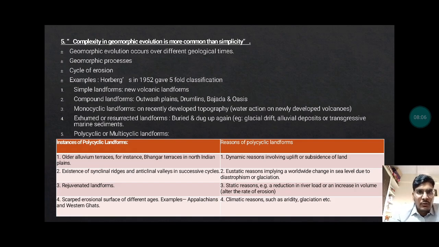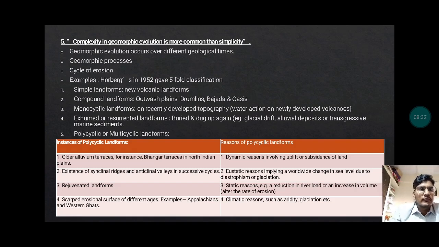So that's why they become older alluvium terraces, known as Bhangar. But suppose there is river shifting again, for example notorious rivers like Kosi, Damodar, Ramganga. If there is another shifting of the course, there can be deposition of khadar, the new alluvium plain, again. So that creates polycyclic landforms.